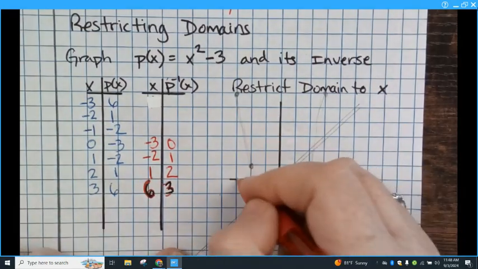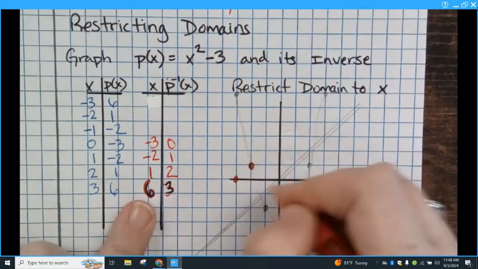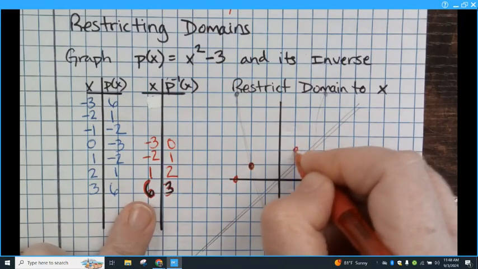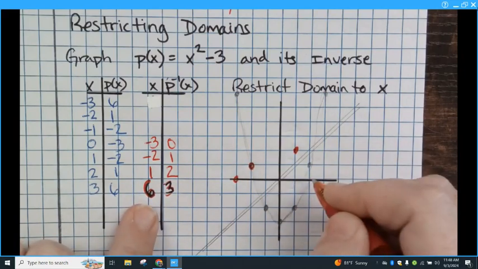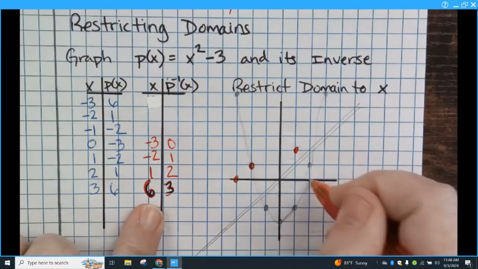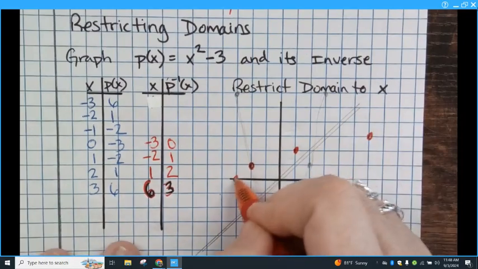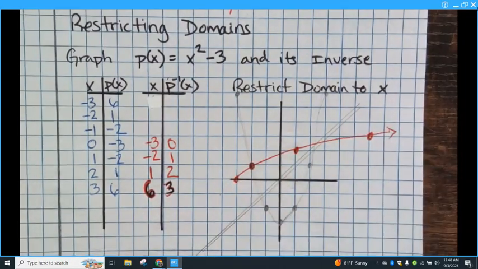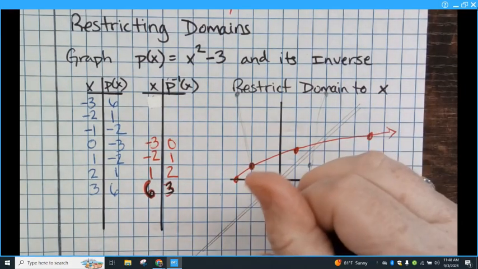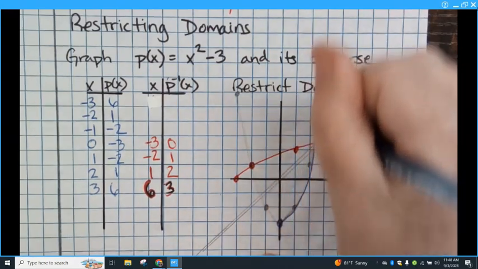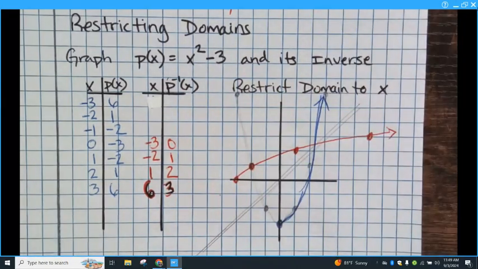If I graph these, -3, 0, -2, 1, 1, 2, and 3, 6, or 6, 3, up 3. Okay, which means this is its reflection, so I can use these numbers. So that's the 2 inverses.